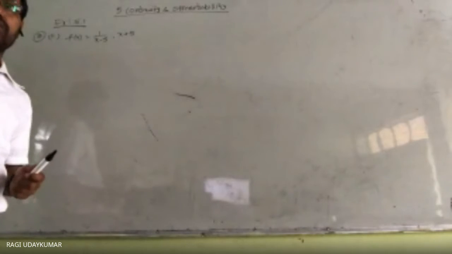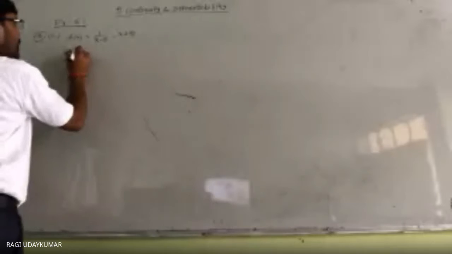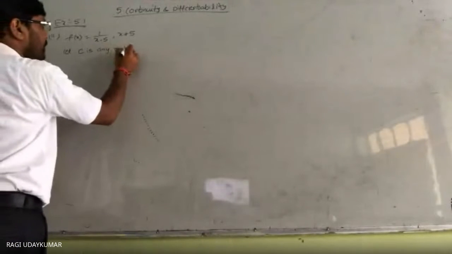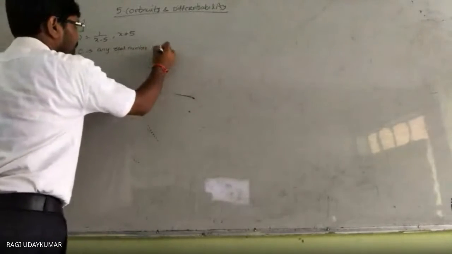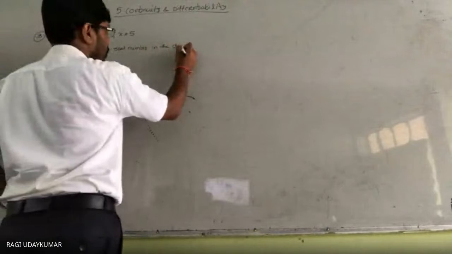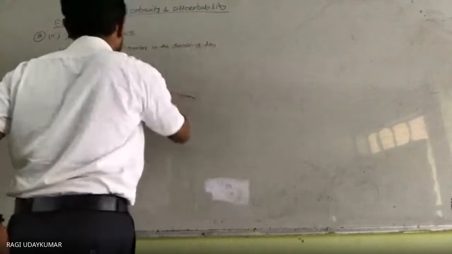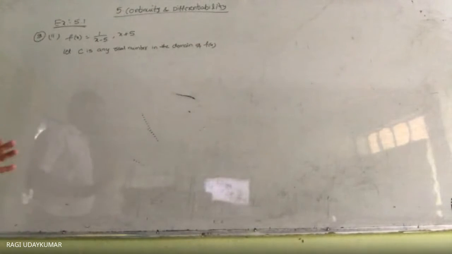So for any real number you take in the domain, let c be any real number in the domain of f of x. So c compulsorily should not be equal to 5. Other than 5, any real number can be taken into consideration.